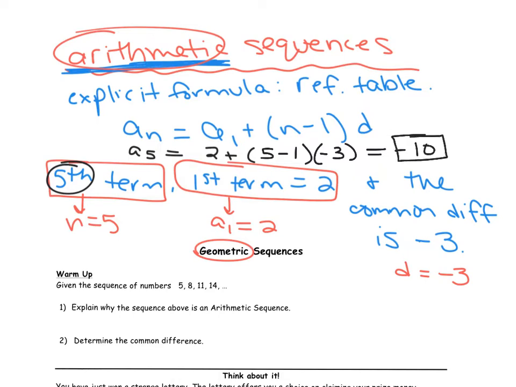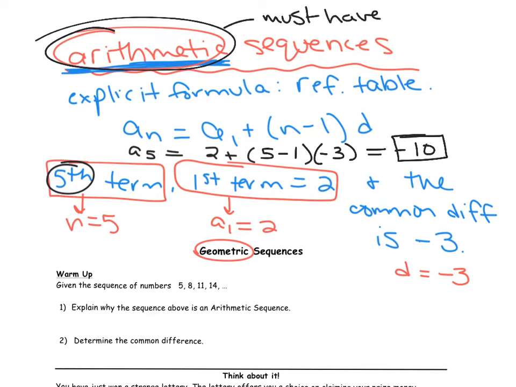So this is an example of an arithmetic sequence. Arithmetic sequences must have a common difference. Remember, that common difference is crucial. That means we're either adding or subtracting.